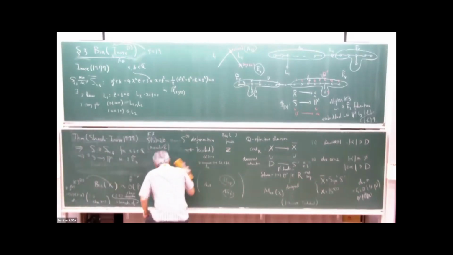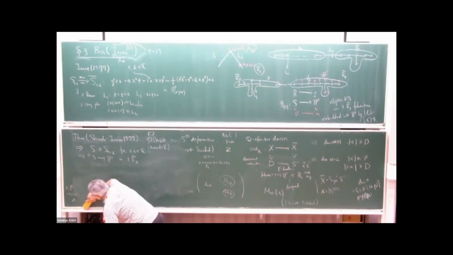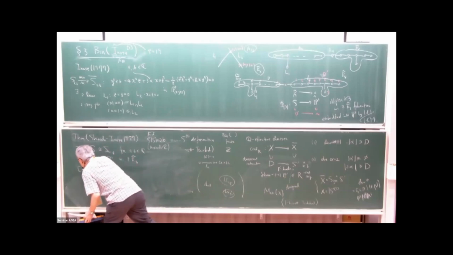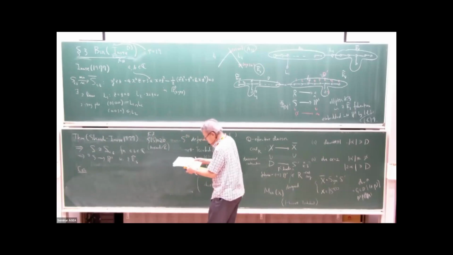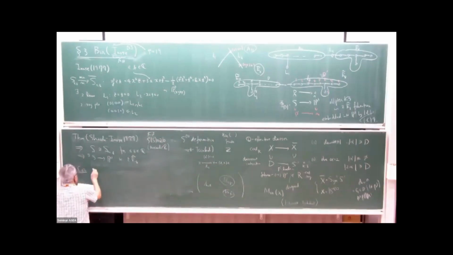And the reason why I mention this theorem is the corollary of this theorem. As a corollary, they obtained maybe the first result on finiteness or infiniteness of the automorphism group of K3.